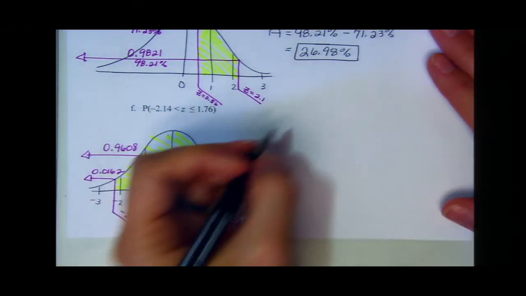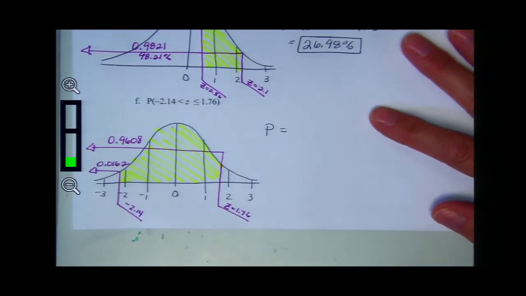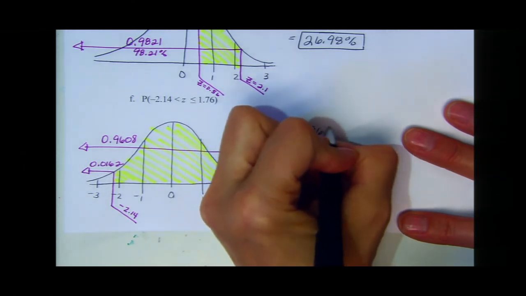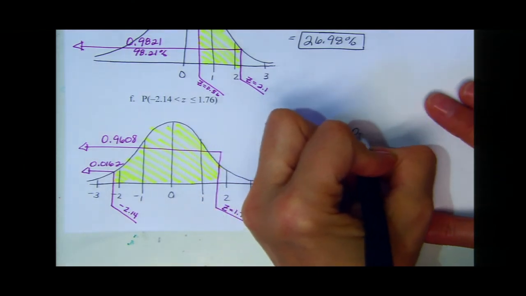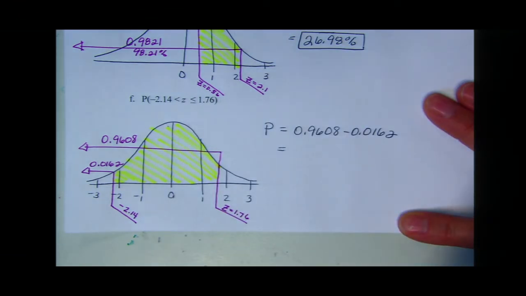And since this is probability, I'm going to leave my values as decimals. So I use the larger, 0.9608 minus 0.0162.